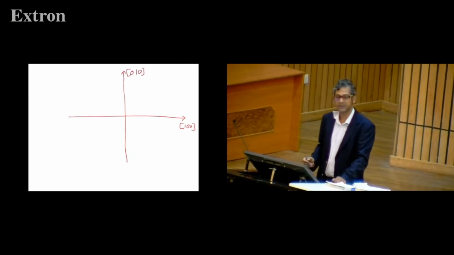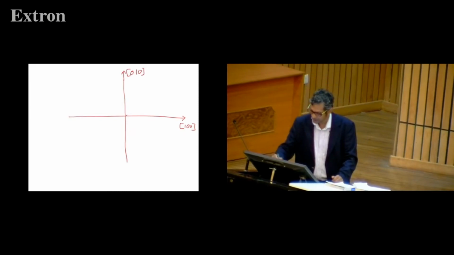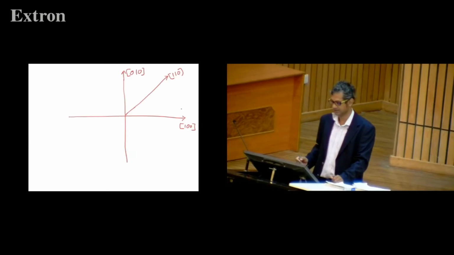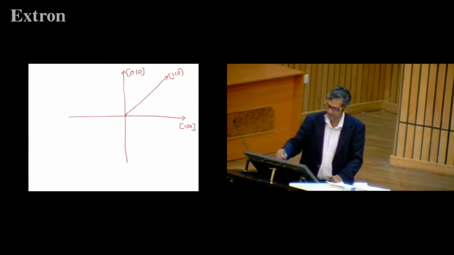In cubic crystals, directions and planes are the same. So therefore, the 45-degree angle will be the direction 1, 1, 0, and that's nothing but the summation of these two directions.